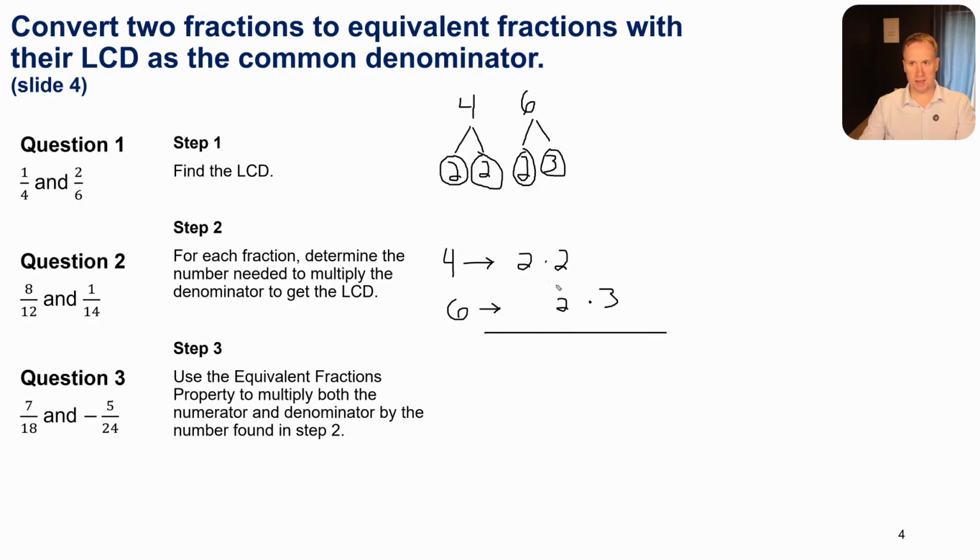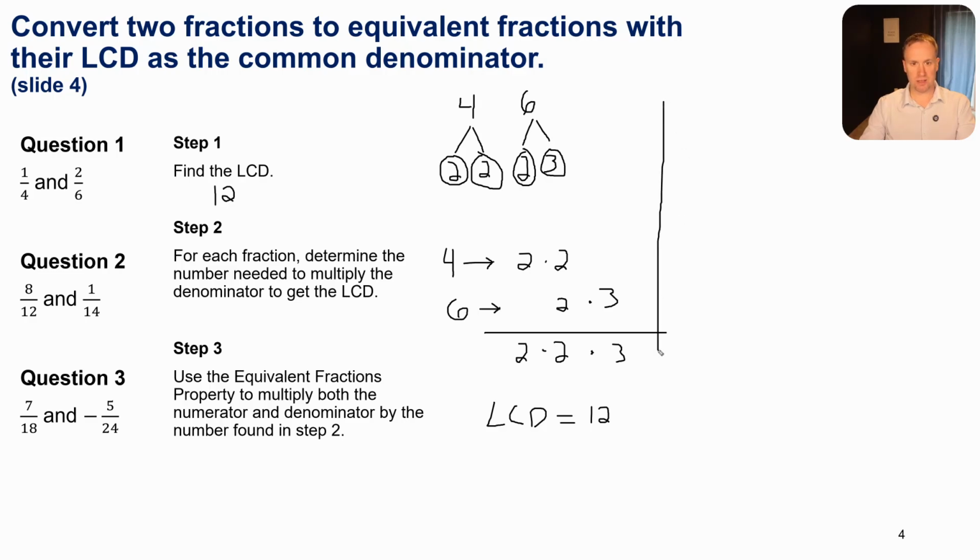Next, I'll go ahead and drop the column. So 2 drops down below, another 2 drops down, and then a 3. So our LCD or LCM is 2 times 2, which is 4, 4 times 3, which is 12. So for question number 1, 12 is our result.